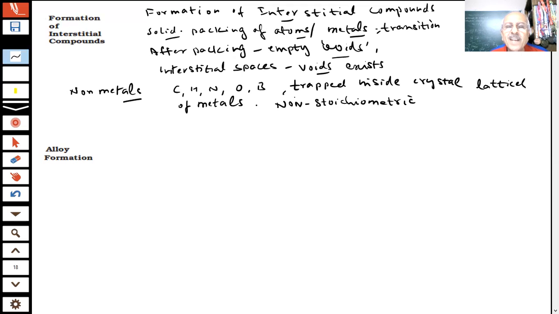But here we are only saying that there is an empty space when the packing of the crystal lattices of these metals takes place, and in those empty spaces, non-metals like carbon and hydrogen can be trapped in a non-stoichiometric ratio. So they will form compounds. Such compounds are called interstitial compounds.